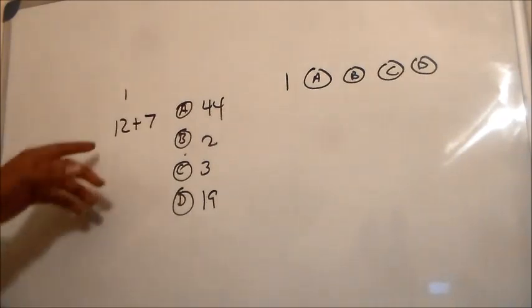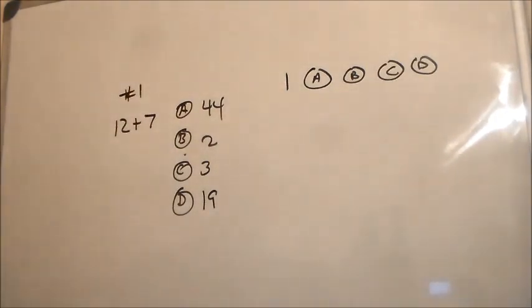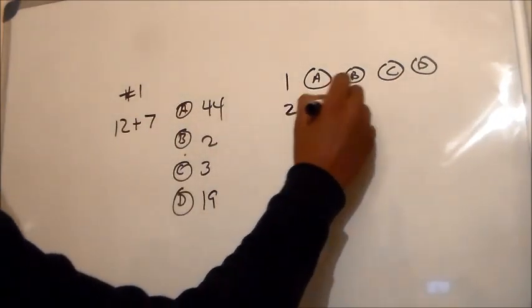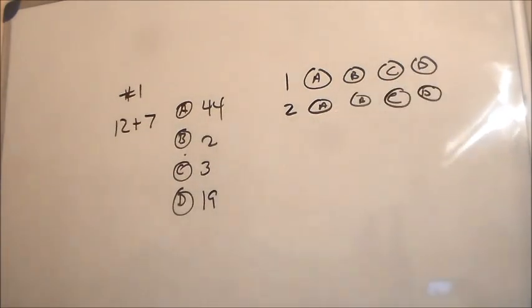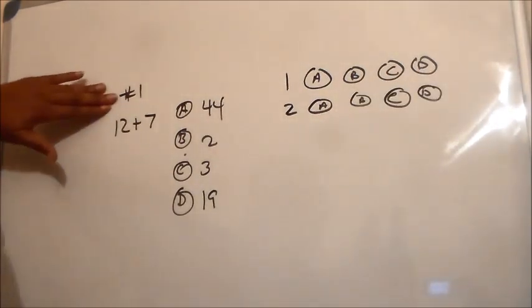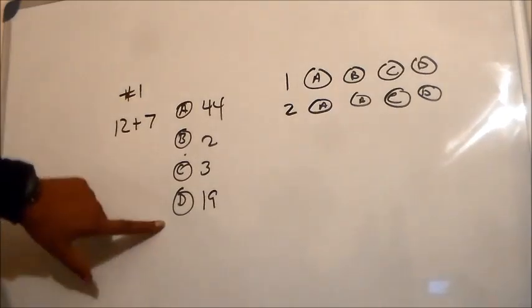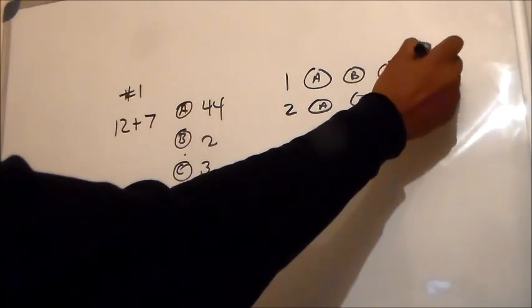Now 12 plus 7 is 19, and this is just question number 1. You have to look at the question in the test booklet, then go to the response area, and since 12 plus 7 is 19, which is D, you would just fill in that circle.